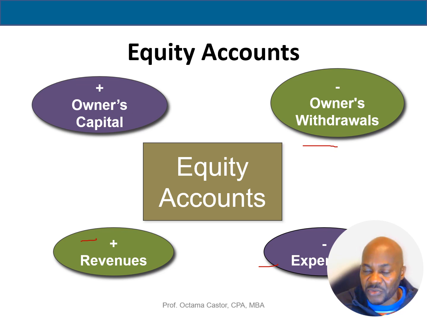They increase owner's equity. Withdrawals and expenses, they decrease owner's equity. What happens when you pay expenses? You write a check, your bank balance decreases, right? Therefore, your owner's equity goes down. Owner's withdrawal, when you withdraw money from your checking account, that means your bank balance is decreased. That's the same impact we're looking at here.